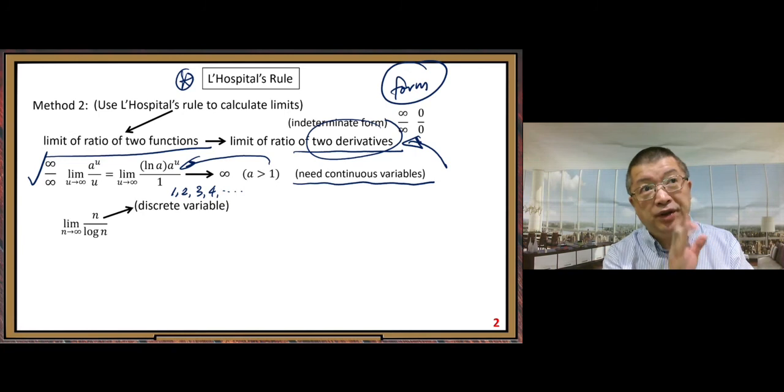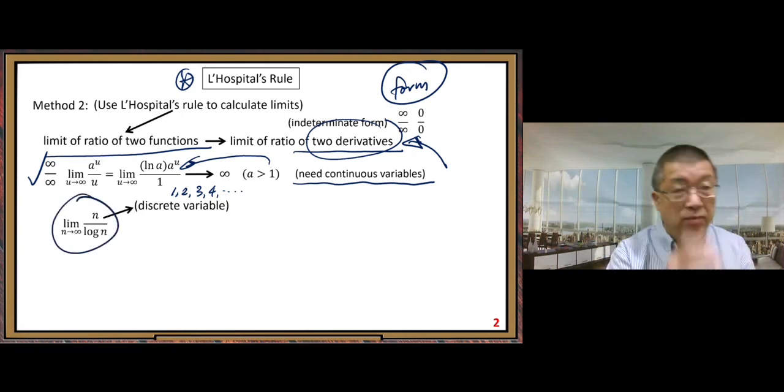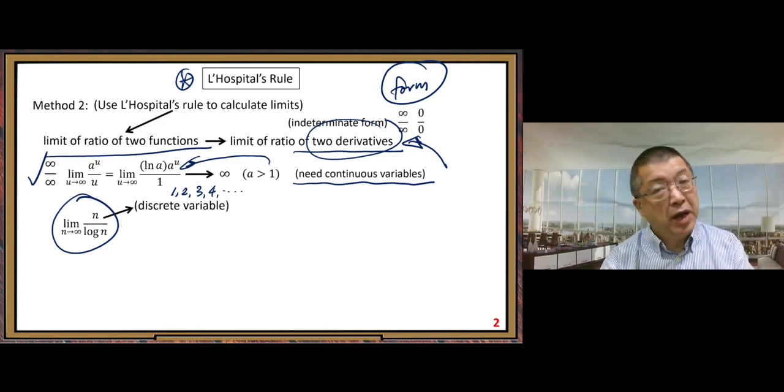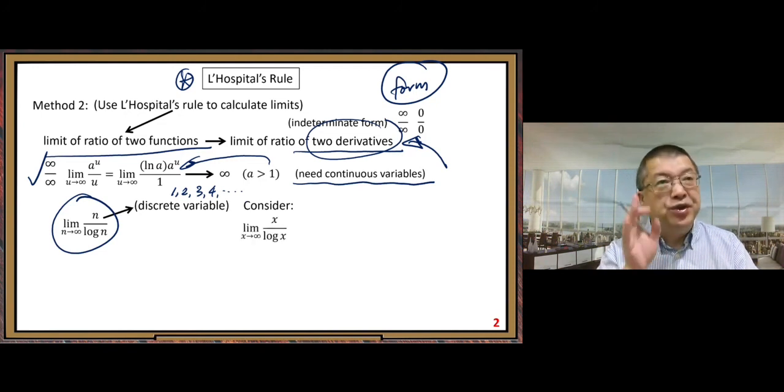When you read a textbook, you should be careful. In our textbook, it applied the derivative on this function directly, not changing to continuous variables. So it's not rigorous math. Here, I want to correct it in this way. This time we consider another ratio using a continuous variable x.